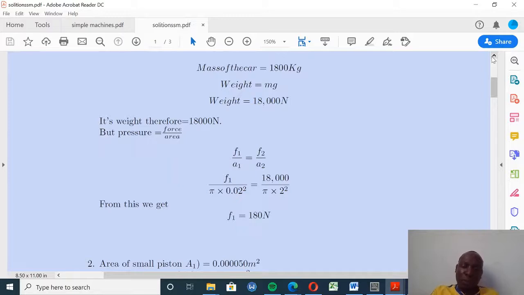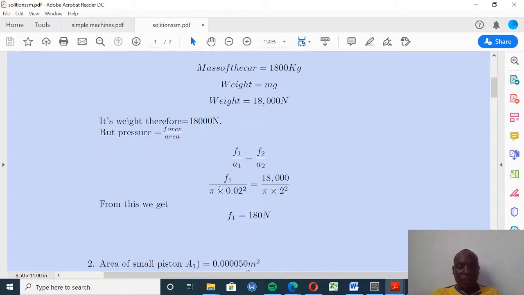The pressure at the small piston is the same as the pressure at the bigger piston. Pressure is given by the formula force over area, meaning that the force at the smaller piston divided by the area at the smaller piston is the same as the force at the bigger piston divided by the area at the bigger piston.